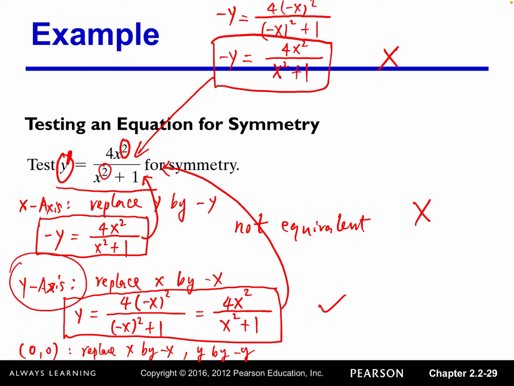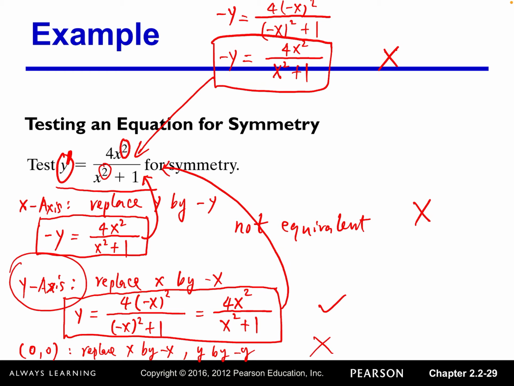And then for the origin, we are testing whether both variable x and variable y have even exponents or not. The x has even exponents, but the y has odd exponents. That's why it doesn't have the symmetry property with respect to the origin. So that explains it from another point of view.